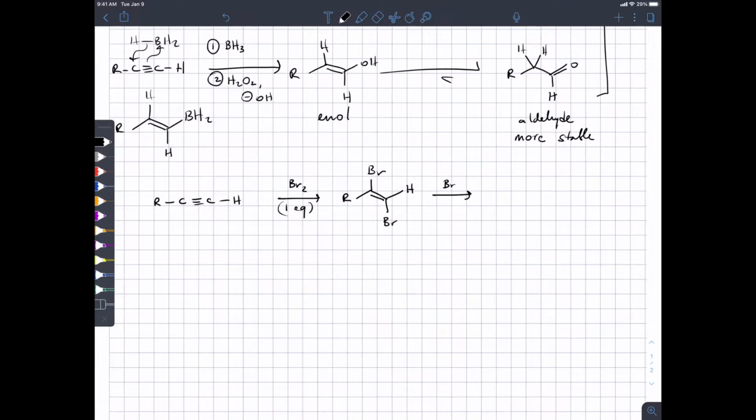If you added a second equivalent of bromine, that is a second mole of bromine for every mole of starting material, you could do the bromination reaction again, and that would put two bromines on adjacent carbons. It's not new, it's just two bromination reactions because the alkyne has two pi bonds.